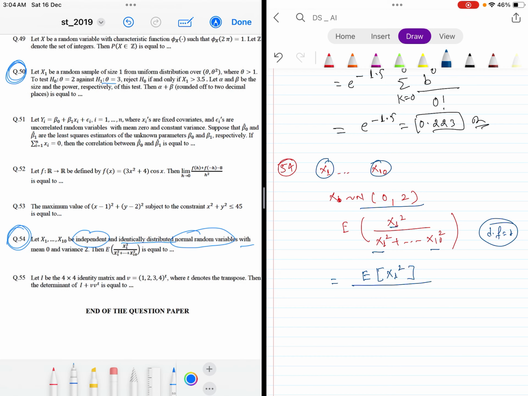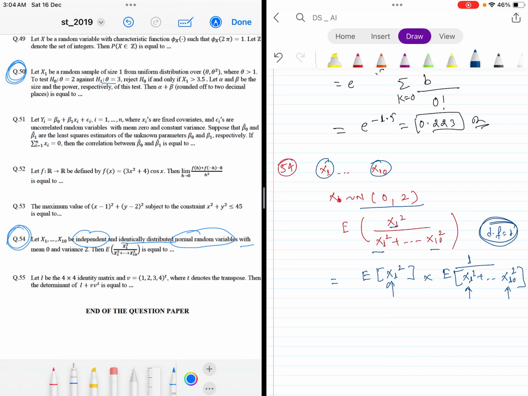And if these are independent, then we can write the expected value of the sum as the sum of the expected values of X1 square up to X10 square, and each of these is a chi-square distribution with degree of freedom 1.